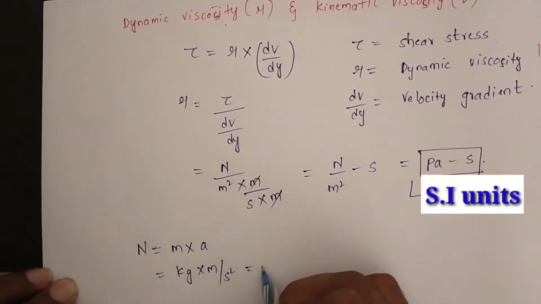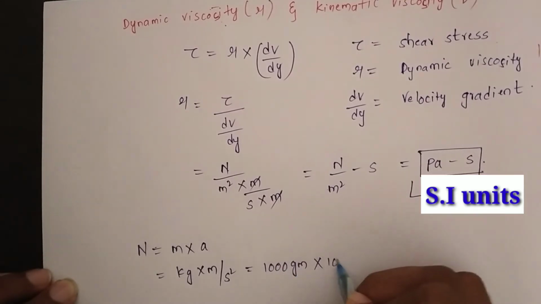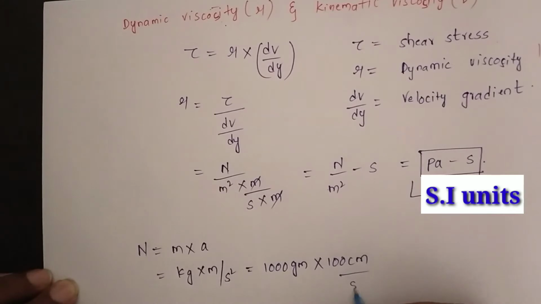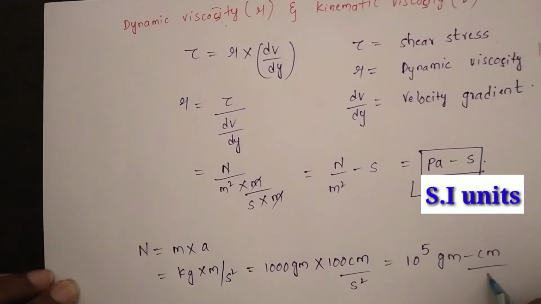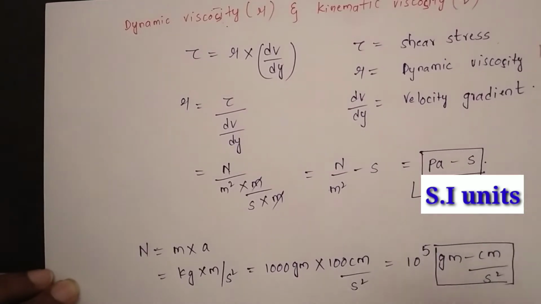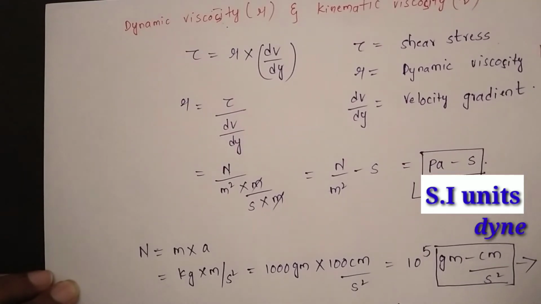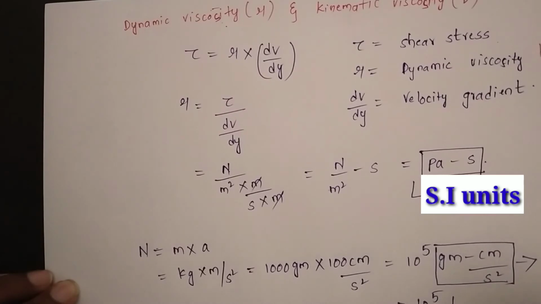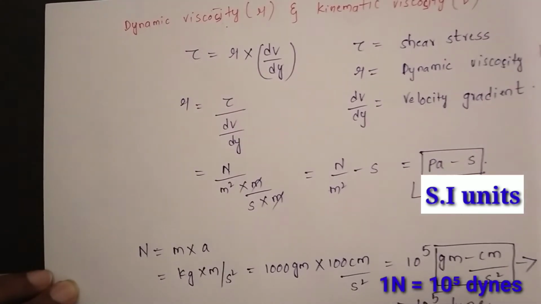If we convert kg into 1000 grams and meter into 100 centimeter per second square, we will get 10 to the power of 5 gram centimeter per second square. Now this gram centimeter per second square is known as dyne. So 1 Newton is equal to 10 to the power of 5 dyne.